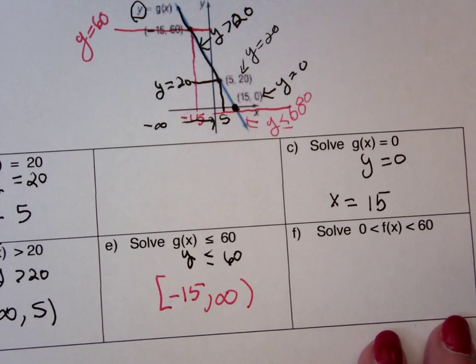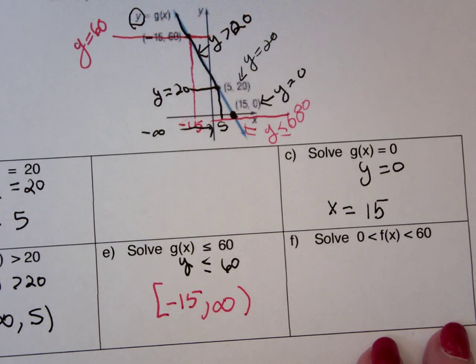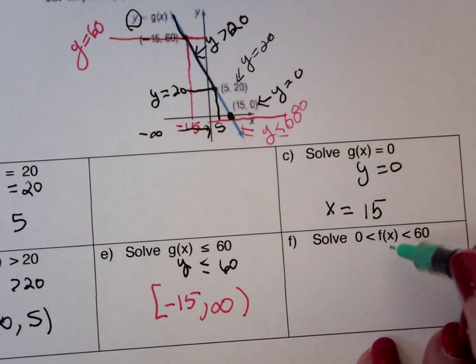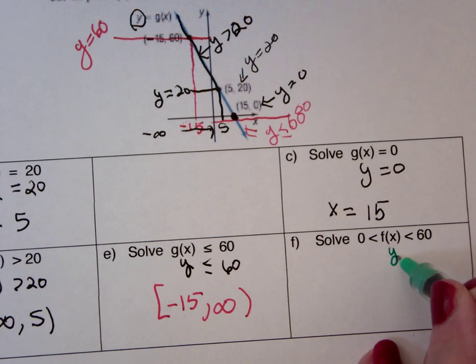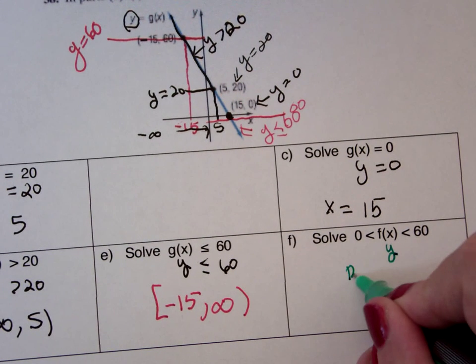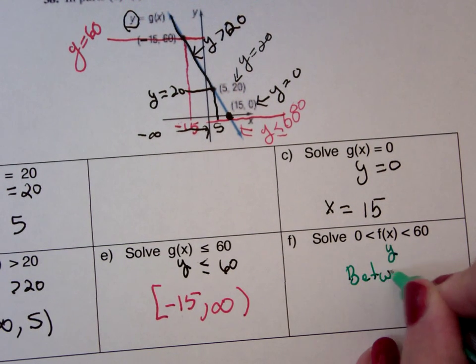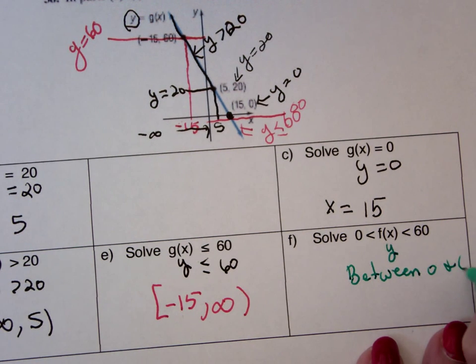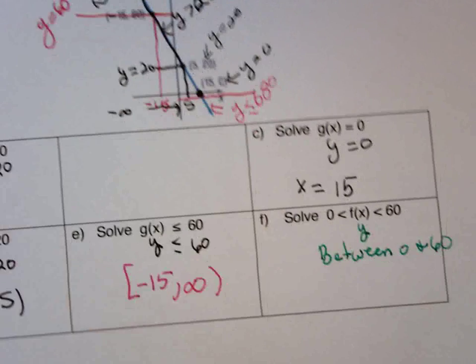Here's the bad one. And you're going to say, can it get any worse? Yeah. I want y between 0 and 60. That's what that says.